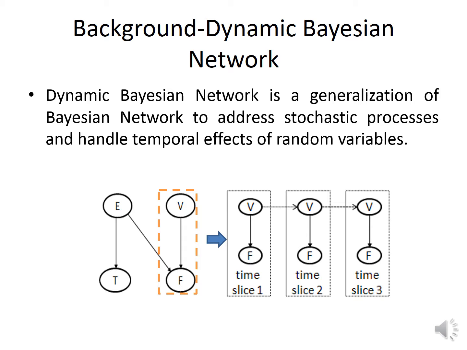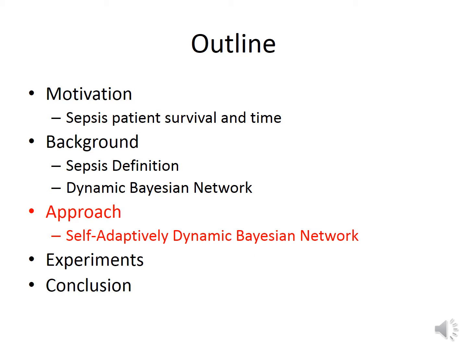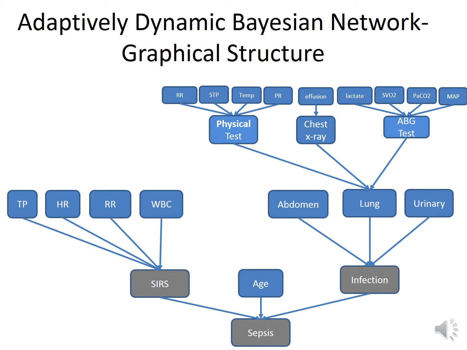Then I will show how our approach applies the dynamic Bayesian network to model sepsis and get the risk. First, we need to construct the Bayesian network, then extend it to a dynamic Bayesian network, and later extend it to a self-adaptively dynamic Bayesian network.